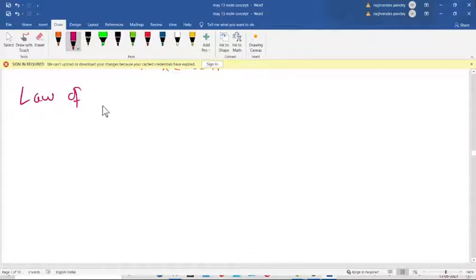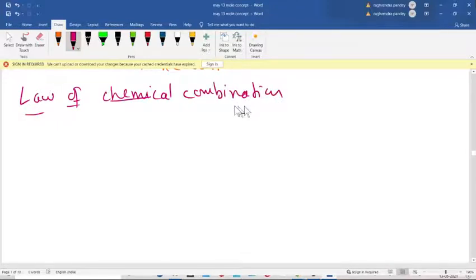Now it is not used. It is an 18th century topic, which means it was thought of 200 years back. Because it is given in NCERT, but normally in pure IIT classes I don't teach this law of chemical combination, because now it is not required.